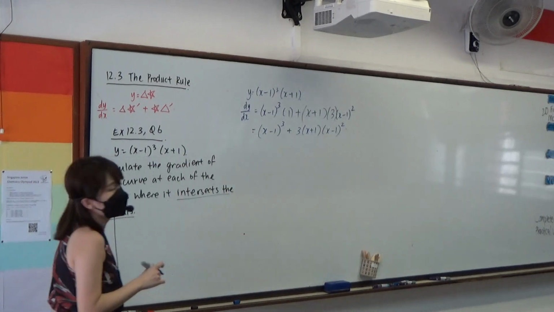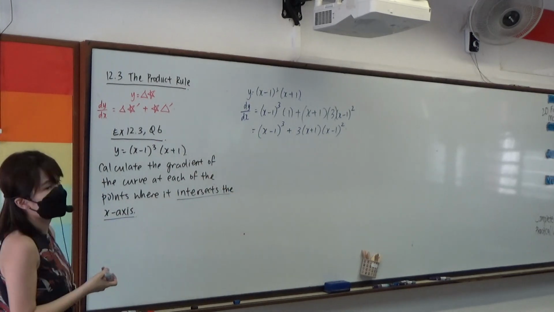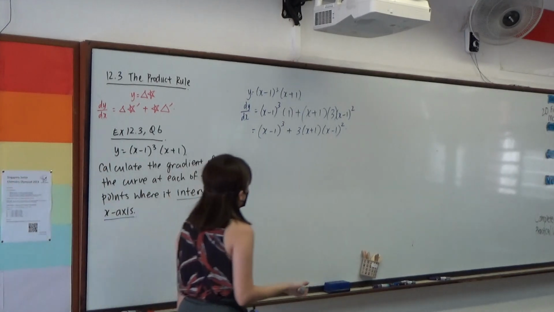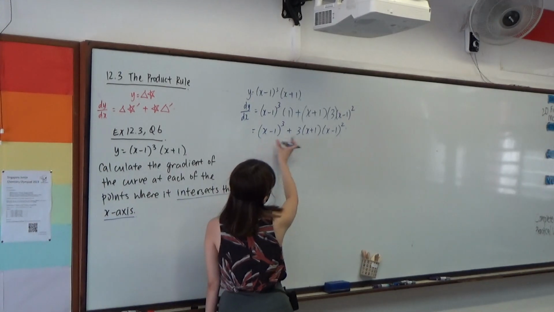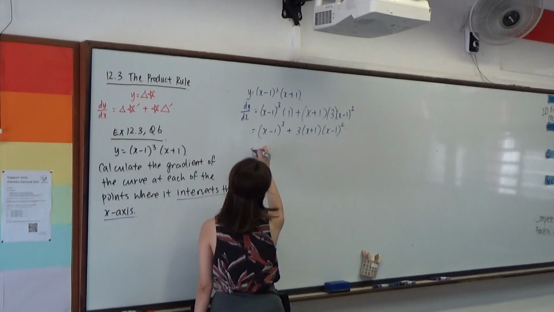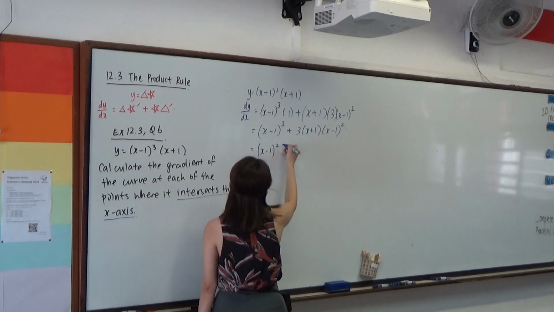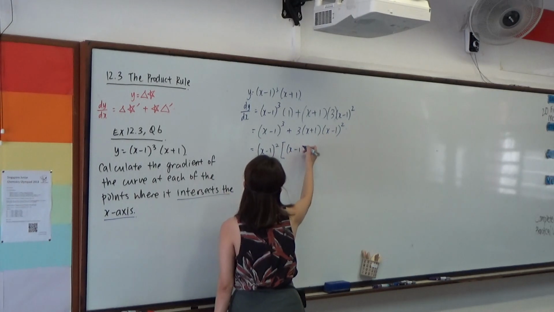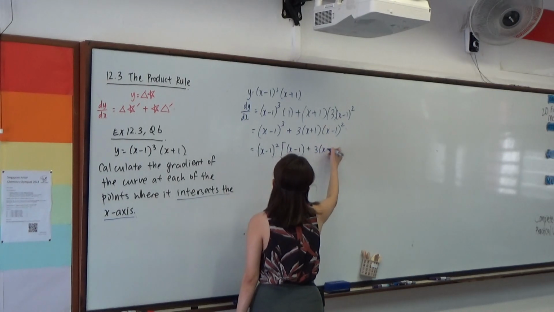It is perfectly fine if you want to leave your answer like this. I know some of you were concerned about factorizing. If you really want to factorize, the common term will be (x minus 1) squared. What will be left over is (x minus 1) plus 3(x plus 1).